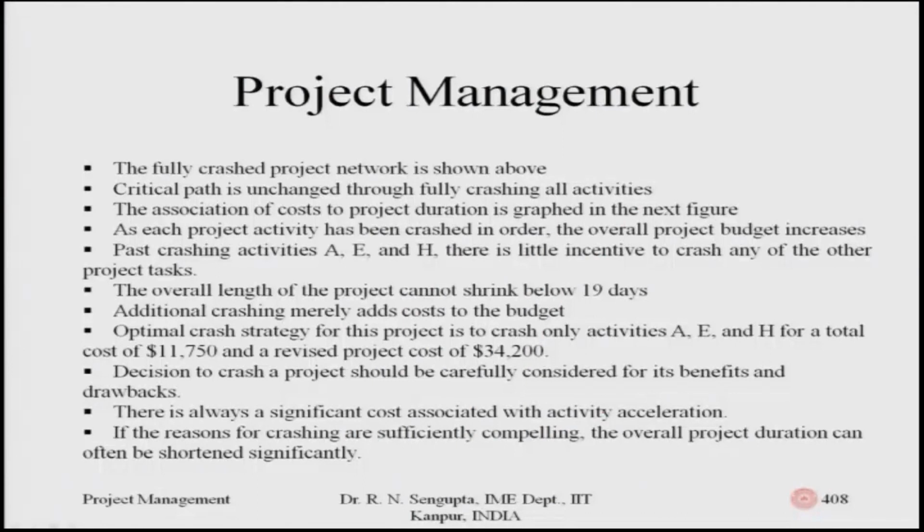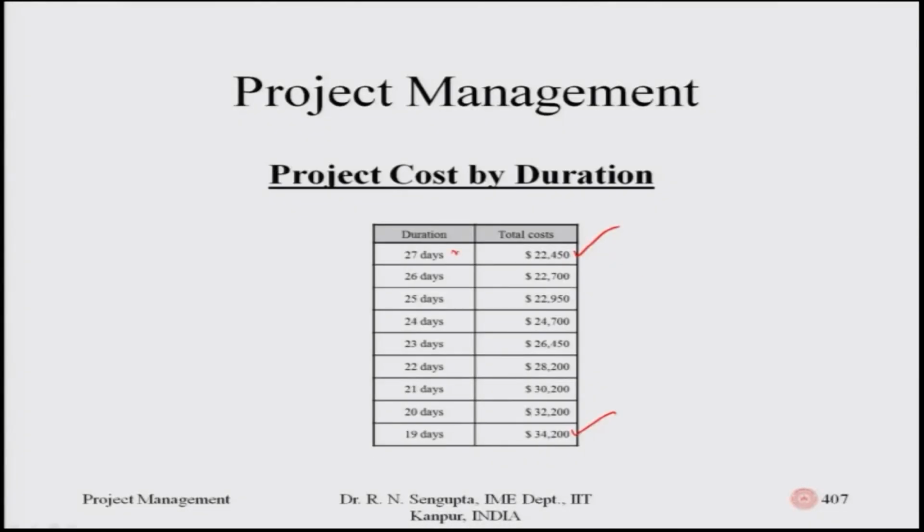So, the total number of days has been reduced to 19. What you will find is that it has decreased from 27 to 19. I am repeating it, but please bear with me. It has decreased from 27 to 19. The cost has increased from 22,400 to 34,200.